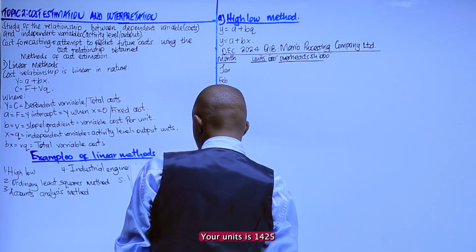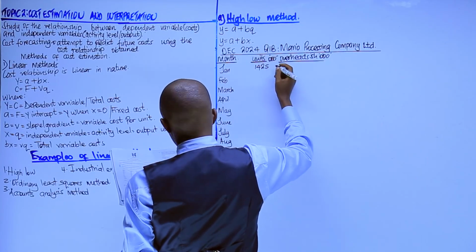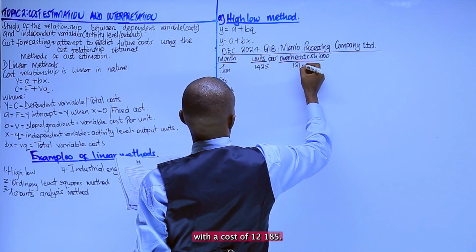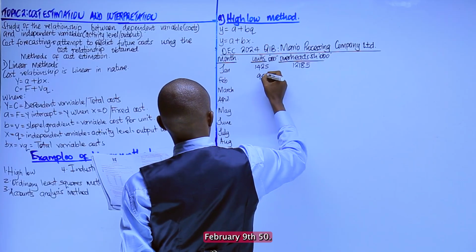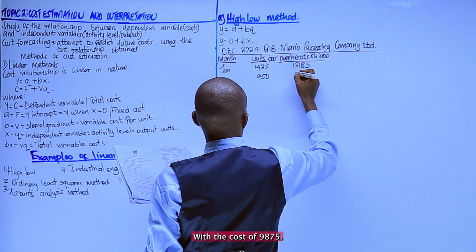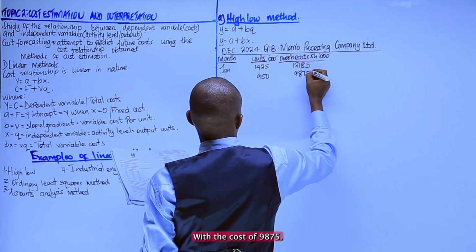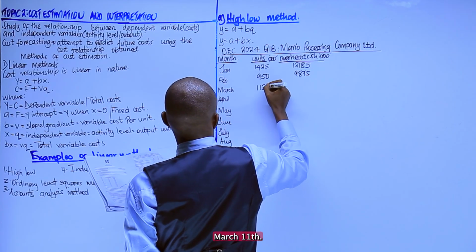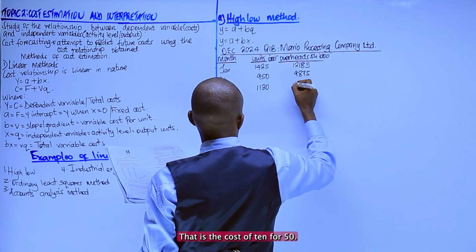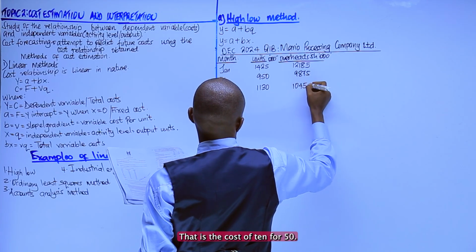Your units is 1425 with a cost of 12185. February, 950 with a cost of 9875. March, 1130 with a cost of 10450.